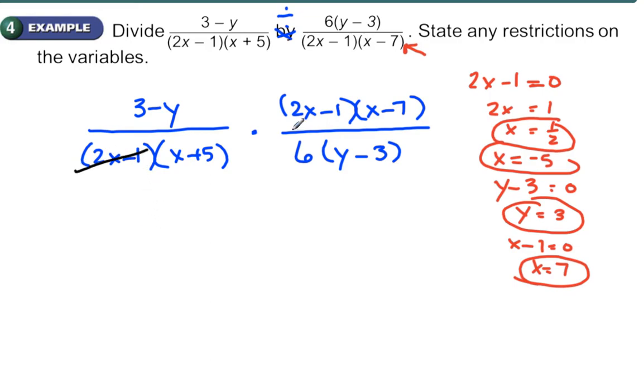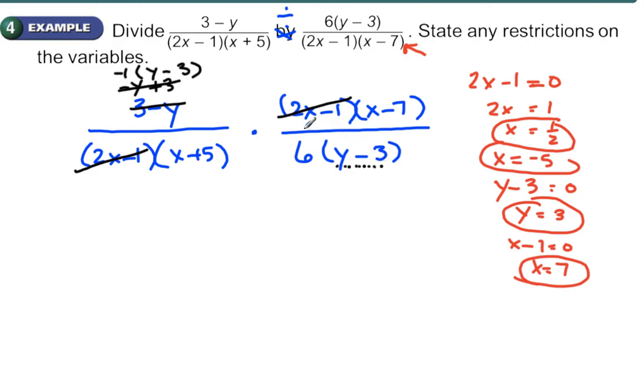All right, let's take a look at what we can cancel. We have 2x minus 1, 2x minus 1. X minus 7 is solo. 3 minus y. That's awfully familiar to this one. So let's see if I can rewrite this. We're going to put that as negative y plus 3. If we factor out a negative 1, then we have y minus 3.